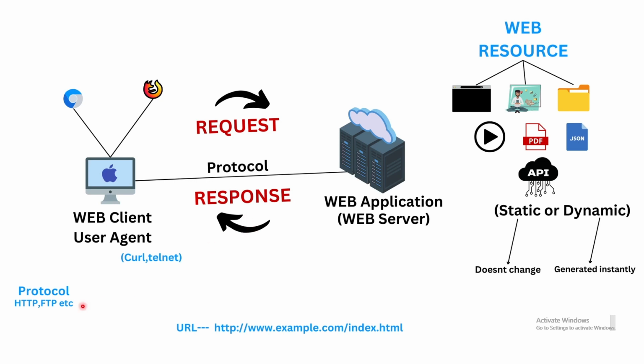FTP is basically used for transferring files, but HTTP is the most used protocol. Most of the time, the web client and the web server talk to each other in the HTTP protocol. We are going to talk in detail about the HTTP protocol.